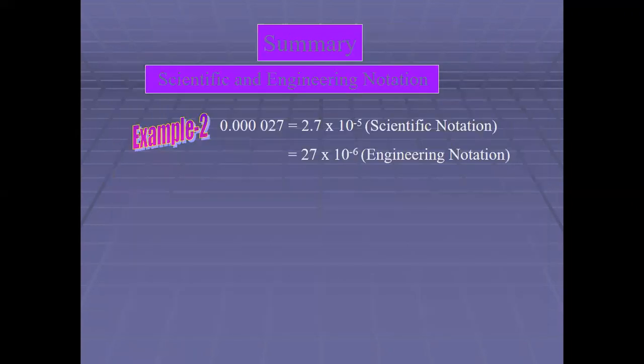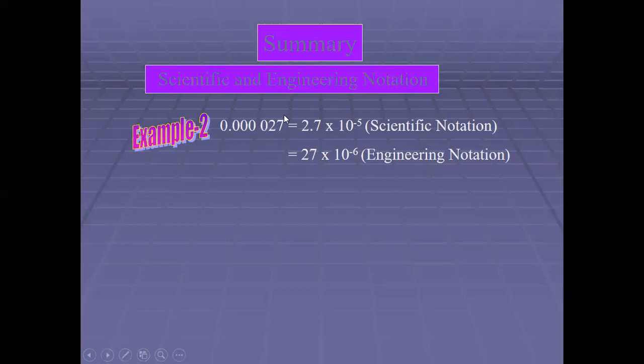So let us see for a number 0.00027, how we can write in scientific. This is 2.7. 2.7 is in between 1 and 10, and 10 to the power -4. This is scientific notation.